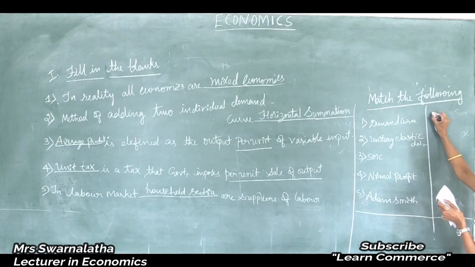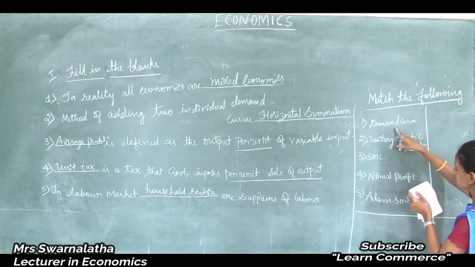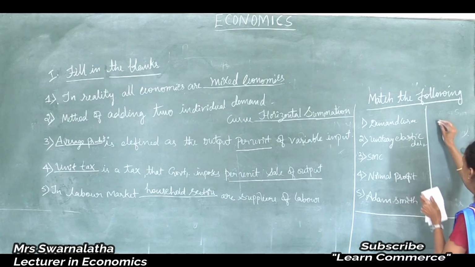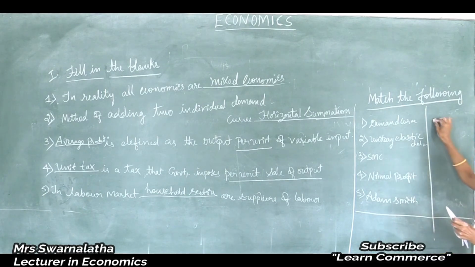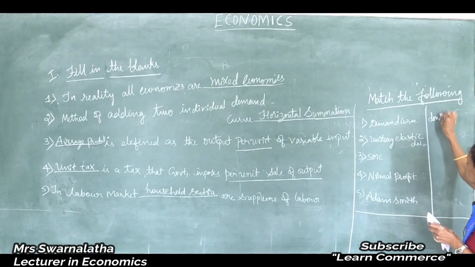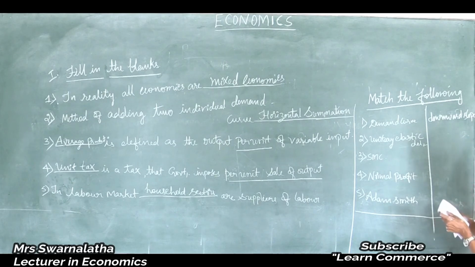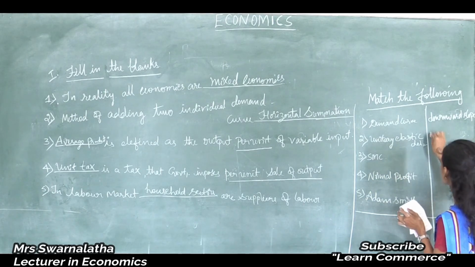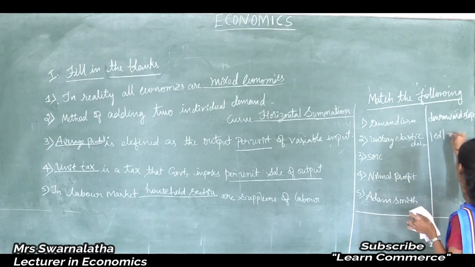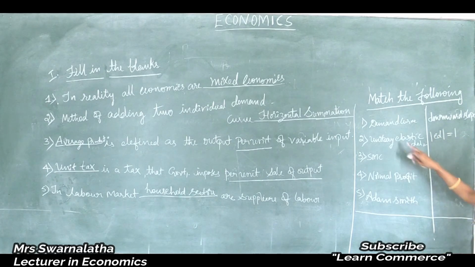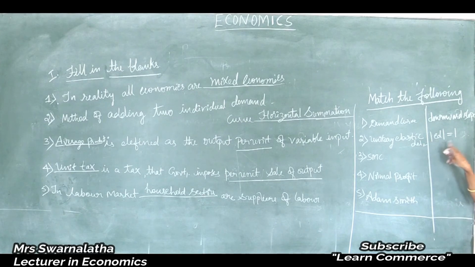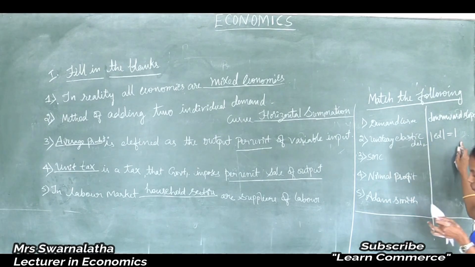On this side, demand curve: downward sloping. I will directly write demand curve, downward sloping. Unitary elastic demand: elasticity of demand is equal to 1.